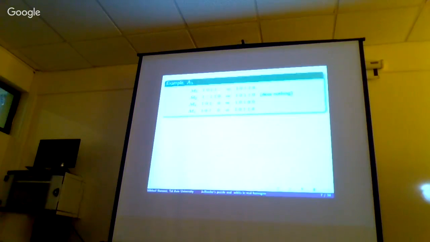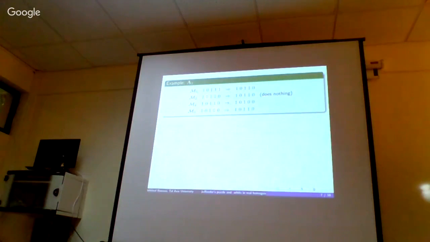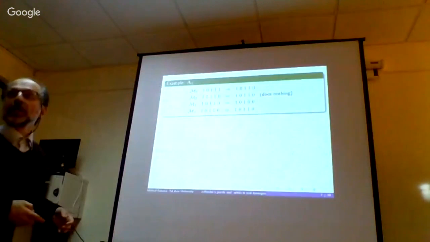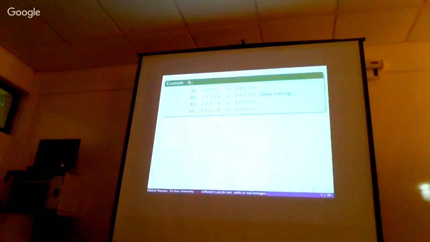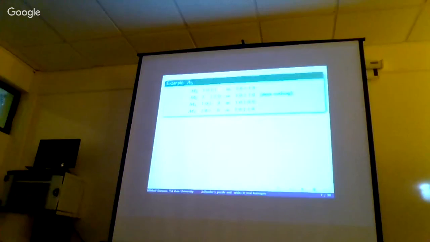This is our diagram, A5. We choose this one, in red. I apply m_5. We look at this one, in place 5. It has an odd number of neighbors with 1, and we change it to 0.